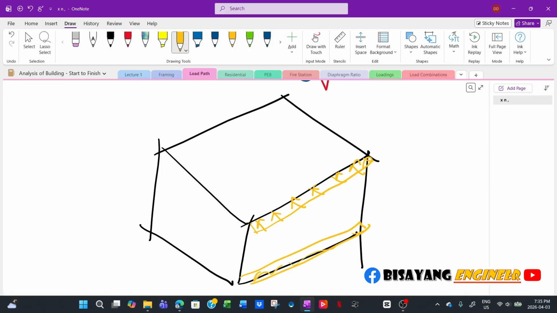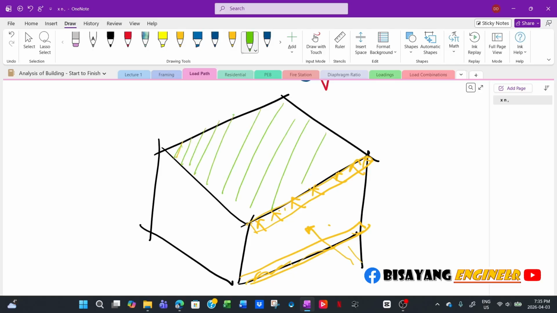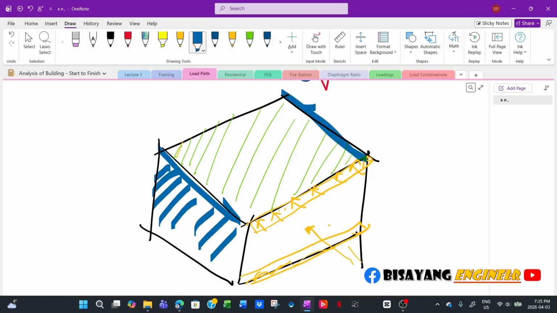When the lateral load is acting on this, say for the lateral earth pressure, it will result in a horizontal load at the top and at the bottom. Now this one will be carried by the floor diaphragm as a horizontal beam, and then it will be transferred to this wall as a shear wall. Now this wall is subjected to horizontal load like a shear.